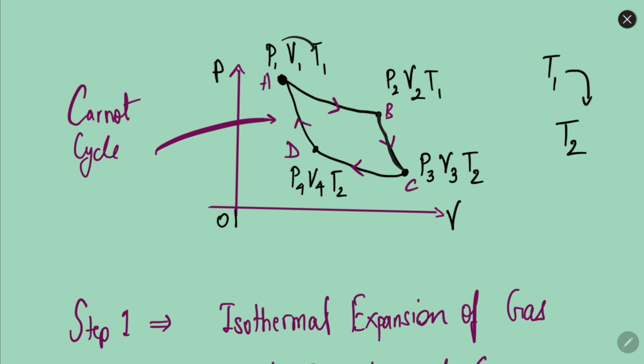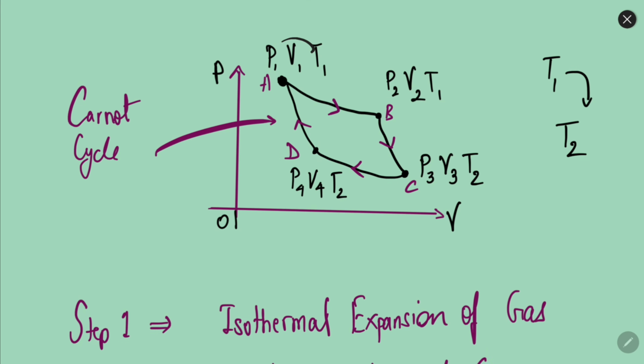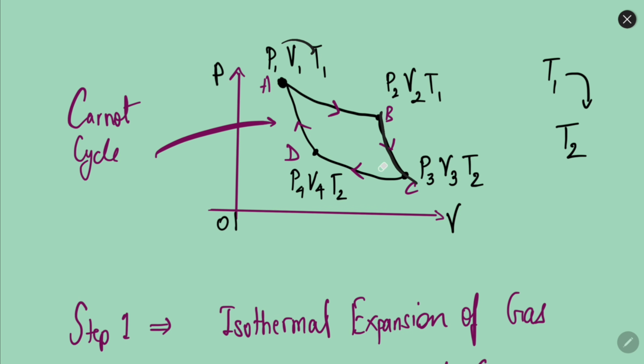Now after that some more expansion will be there, but this time the expansion will be adiabatic. Adiabatic means heat exchange will not be there, but obviously temperature can change. So pressure will be P3, volume V3, and temperature will become T2 from T1. After point C, we will start the compression process. This was expansion, now we will do compression.